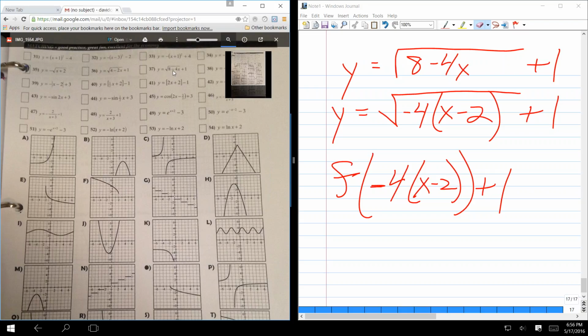It just doesn't pass my point test. In other words, when I plug in 0 for x, I got the square root of 8, which is definitely not 3. It's close. Maybe that doesn't actually go through 4. Maybe that goes through like 3.8. In which case 37 would be f.